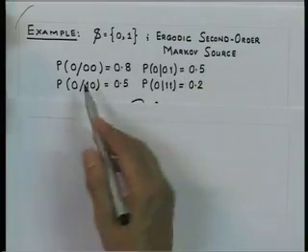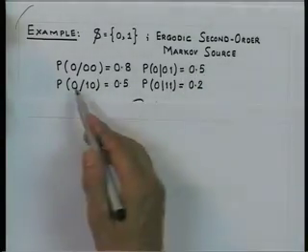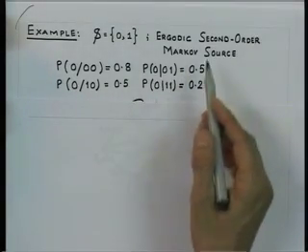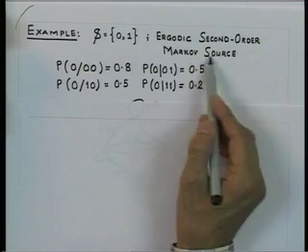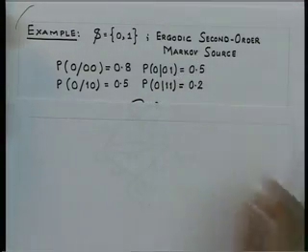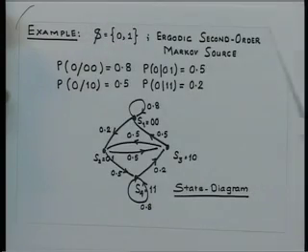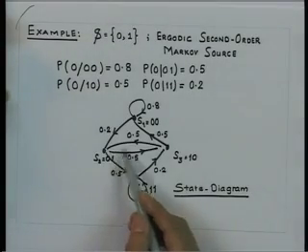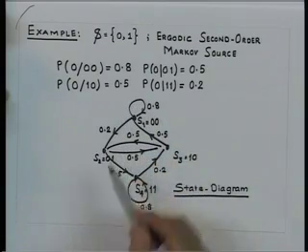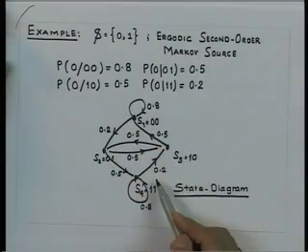We had a look at this example earlier too. Now, the first thing is to draw a state diagram for this ergodic second order Markov source, and the state diagram for that is given as follows. We also had a look at this state diagram earlier in the course of our lecture.